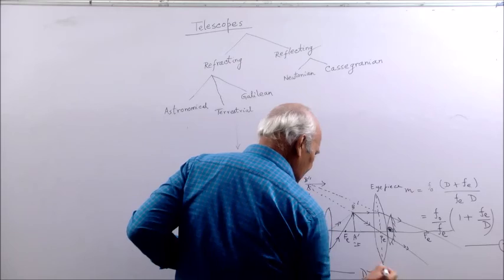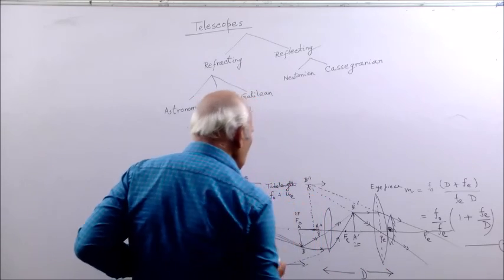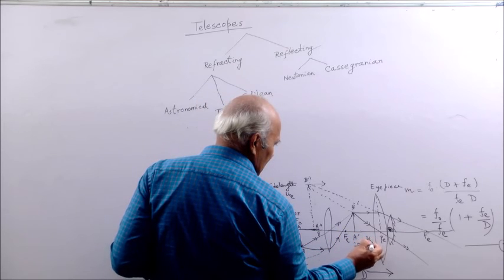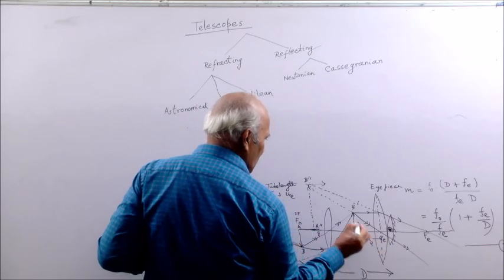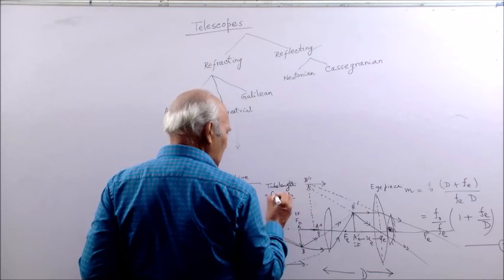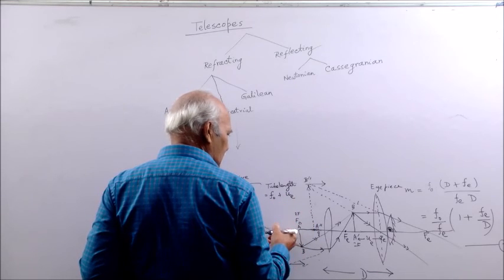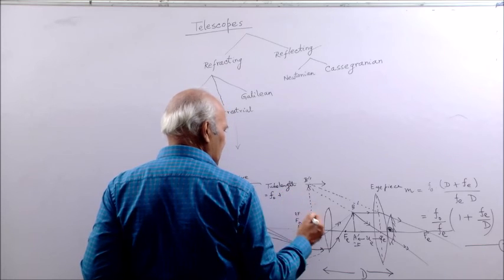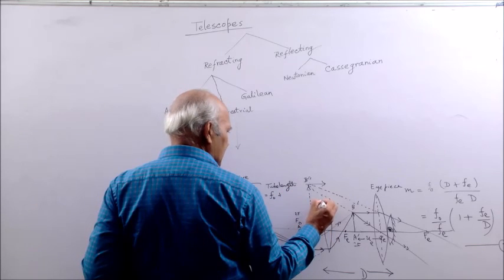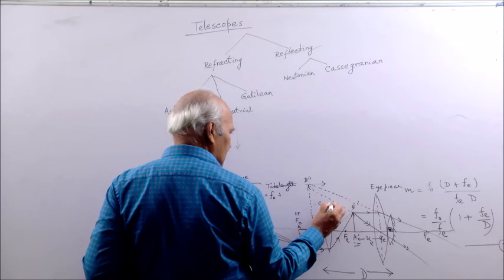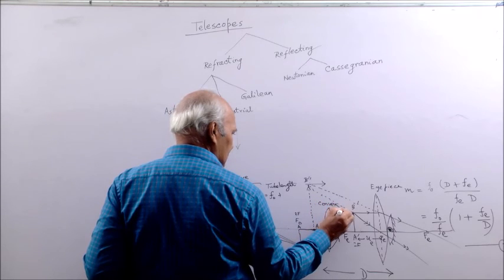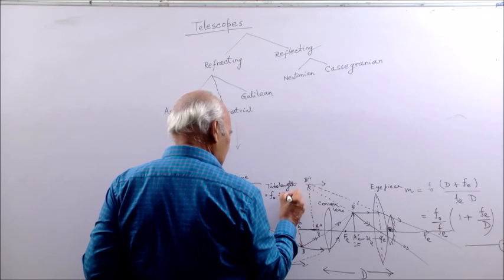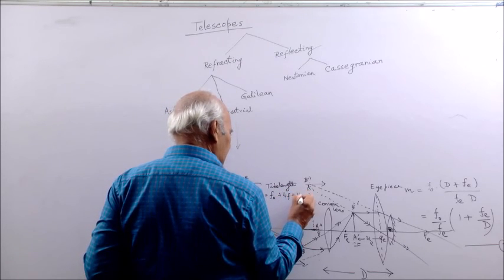So, what happens to the tube length? This is UE, and tube length is now FO plus 4F, that is for this middle convex lens, plus UE.